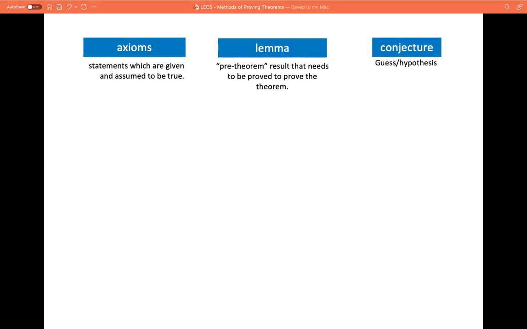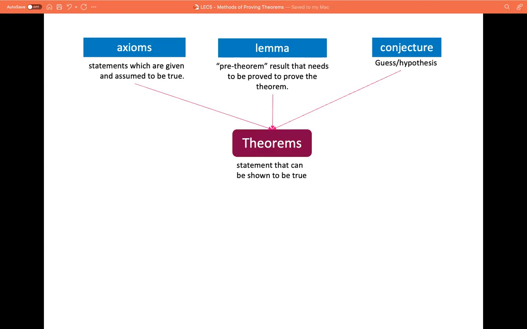Here's a diagram on how we can understand it. In order for us to prove that a certain theorem is true, we can use some proof, and this proof may be axioms, lemma, or conjecture. Axioms are statements which are given and which we assume to be true, while the lemmas are the results that need to be proved to prove the theorem.